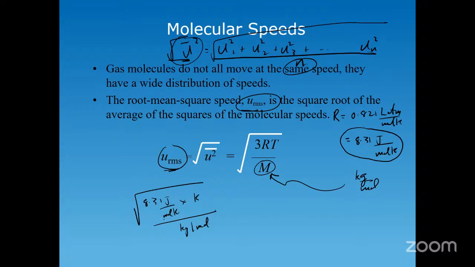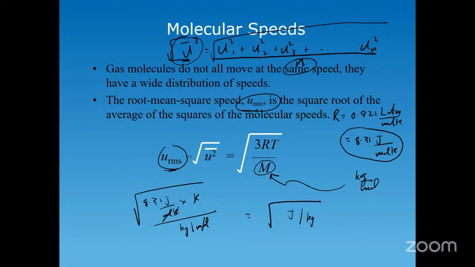The mole units will cancel out, the Kelvin units will cancel out, and you're going to end up with the square root of joules over kilograms.